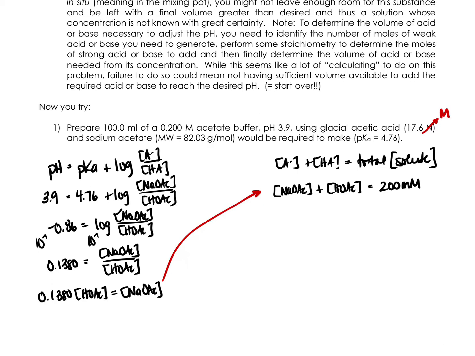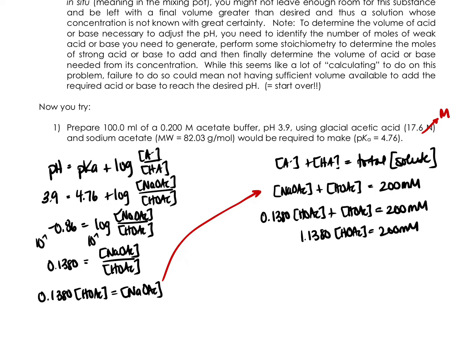So now I'm going to have 0.1380 times HOAc plus HOAc equals 200 millimolar. So again, you can think of this as being 0.1380x plus 1x. So this ends up being 1.1380 times HOAc equals 200 millimolar.